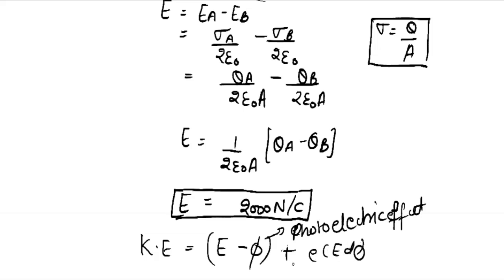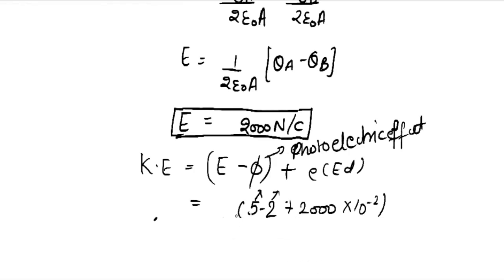So there is an additional term. By solving this, 5 minus 2, where 5 is the energy of the photons and 2 is the work function of plate A, plus 2000 into 10 raised to the power minus 2. After solving this, we have 23 eV as the kinetic energy.